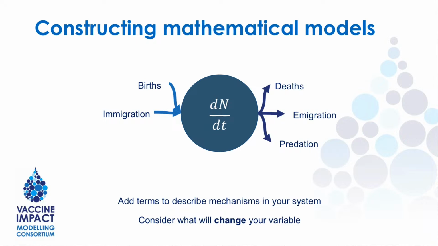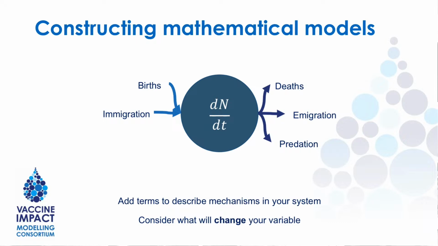You can do the same things with building models of populations in general. So here we're thinking about how our population N is changing with respect to time. We might have things that increase our population, like births or immigration, and we might have things that decrease our population over time, like deaths, emigration, predation is a special form of death.